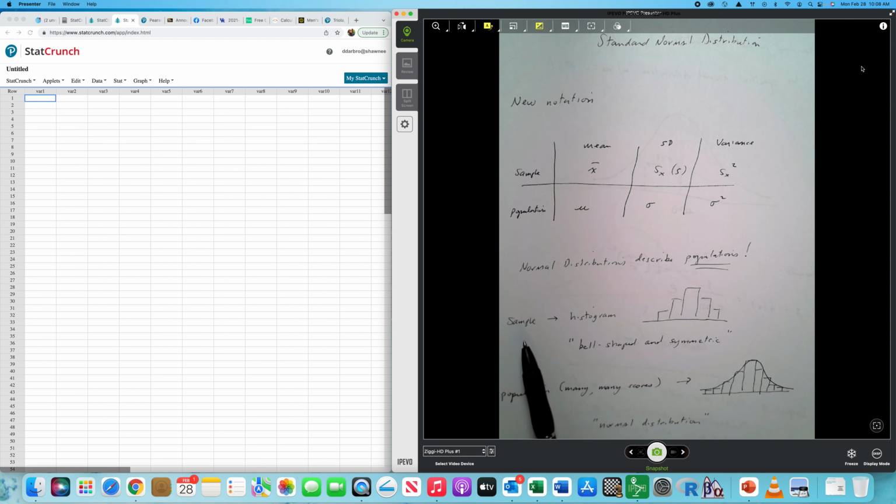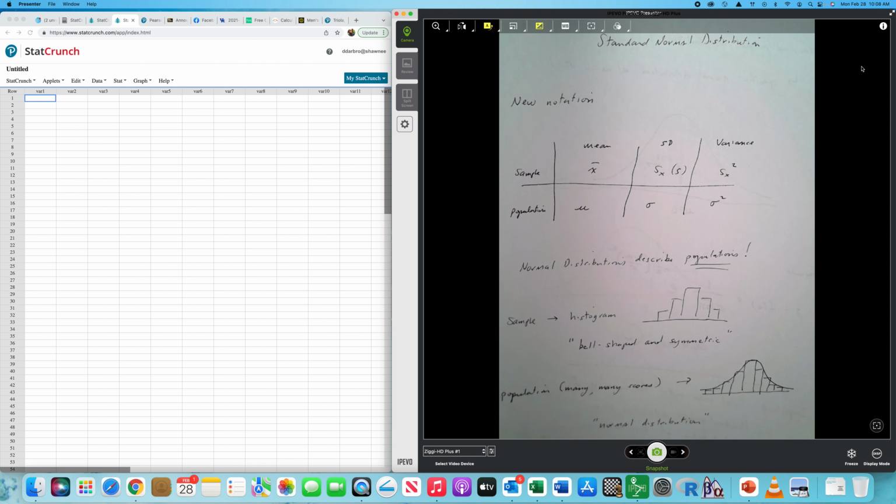But let's just get started off on the right foot. Sample data is not normally distributed. It may be bell-shaped and symmetric. It may have some properties that make us think of normal distributions, but it's not normally distributed. We can't get a normal distribution until we have a measurement from a population.